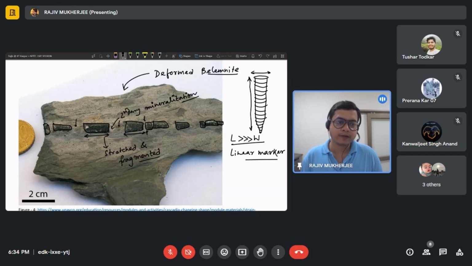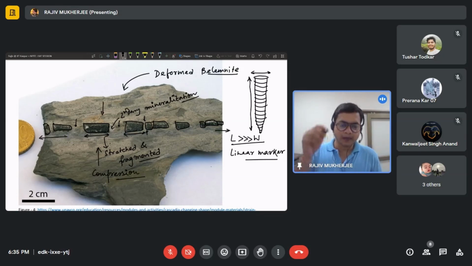So you can easily say that this is the stretching direction along which the belemnite has been pulled apart, and this is the compression direction. Because of that compression, the rock matrix has filled up the gaps between these belemnite fragments. From that, we can estimate how much strain has been accommodated through these deformed belemnites.